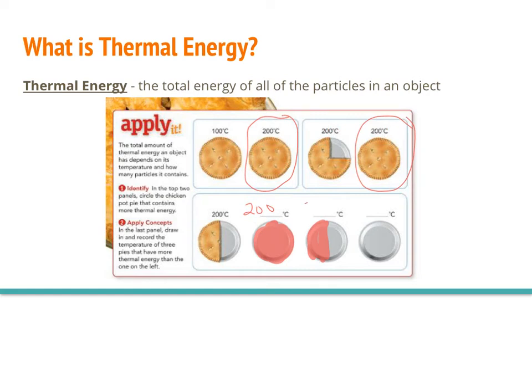That would have more thermal energy. I'm going to put this at 225. And then we could draw in one that is both at a higher temperature and has more particles. That would also have more thermal energy.